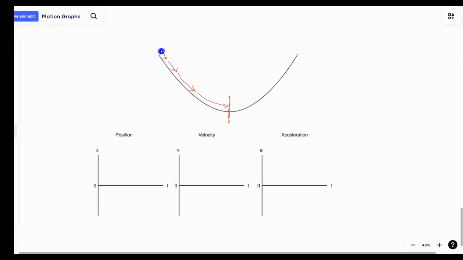Okay, now after the bottom, it starts going up the hill, right? So it starts losing some of that velocity because acceleration due to gravity is slowing it down.